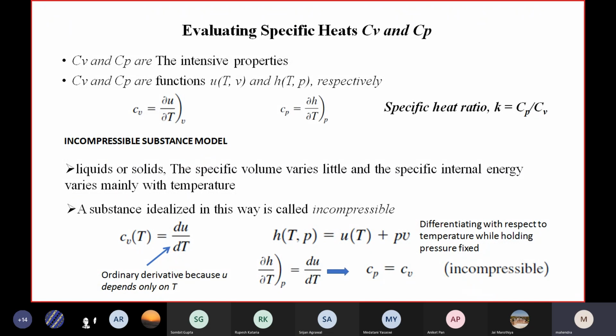Whenever you are calculating or assuming, if it is still in the solid stage only, or still in the liquid stage only, liquid also not compressible, that time we will be considering that. When it is changing the phase, in that entire range you will be considering, then Cp and Cv will be varying.